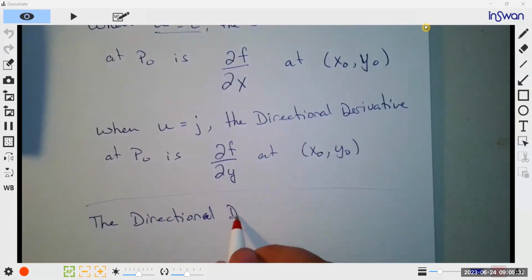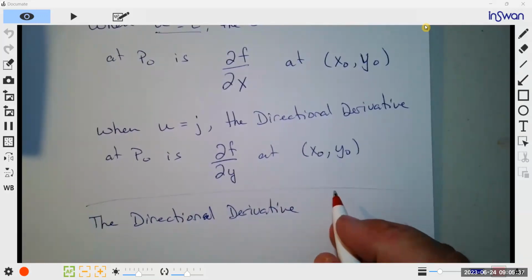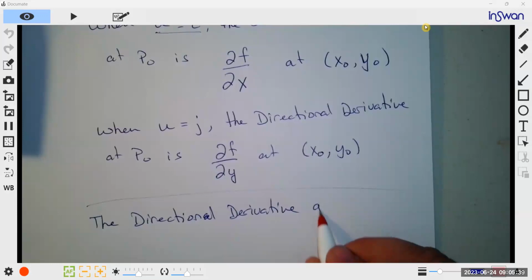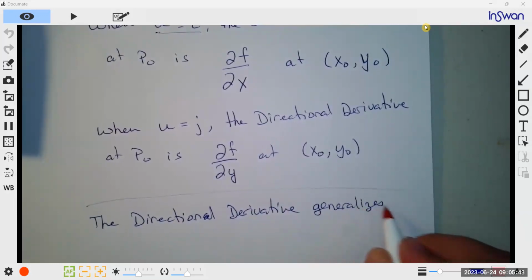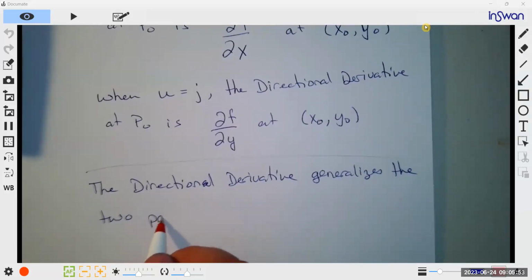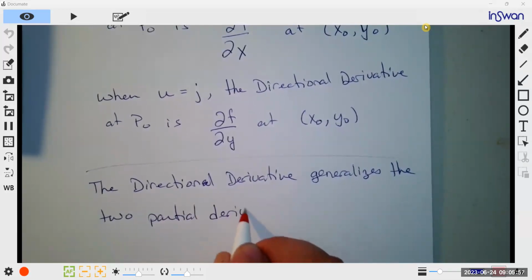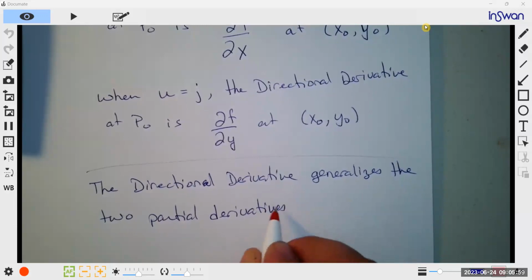The directional derivative is a generalization of the two partial derivatives.